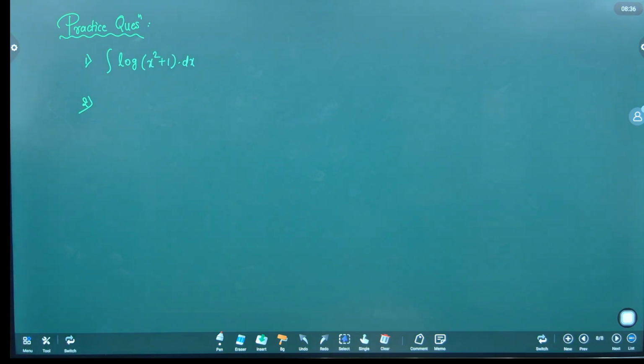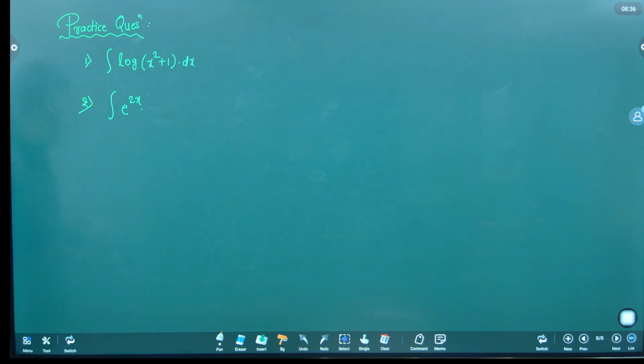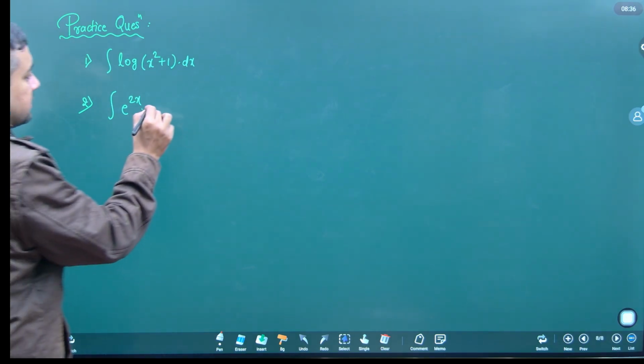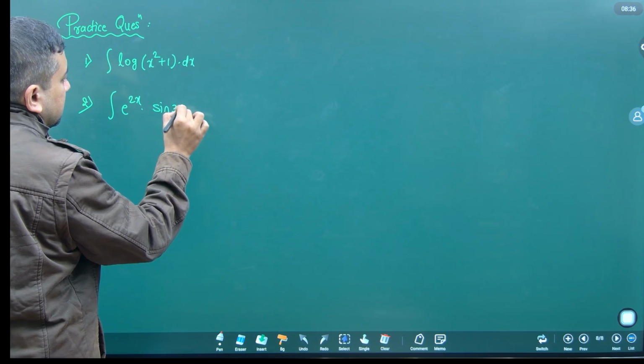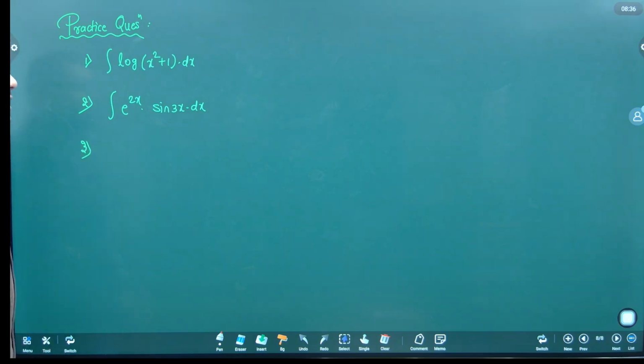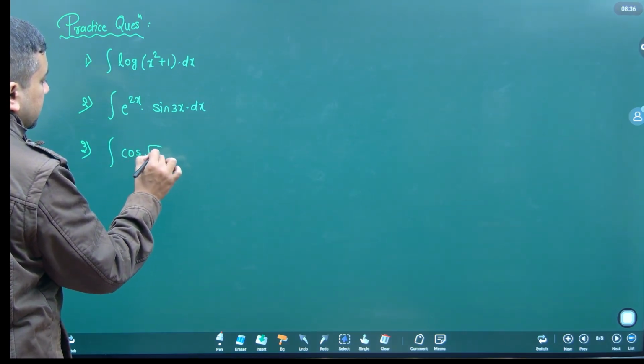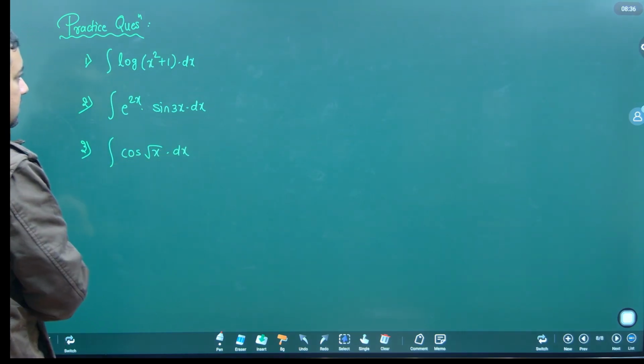Second one: integral e to the power 2x into sin 3x dx, that is u into v. Then third: integral cos root x dx.